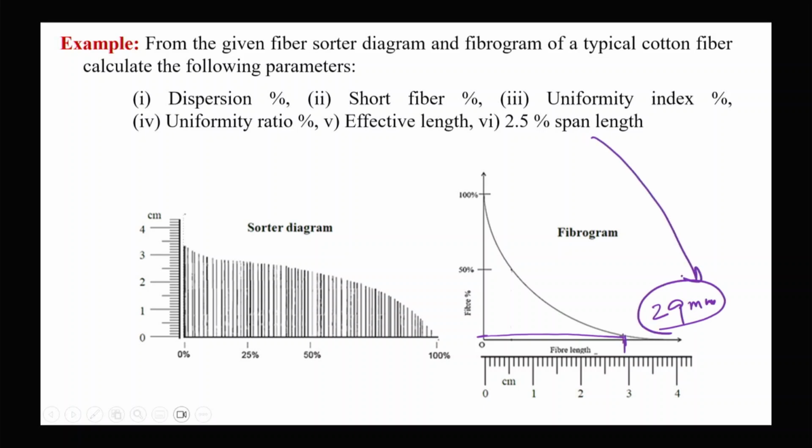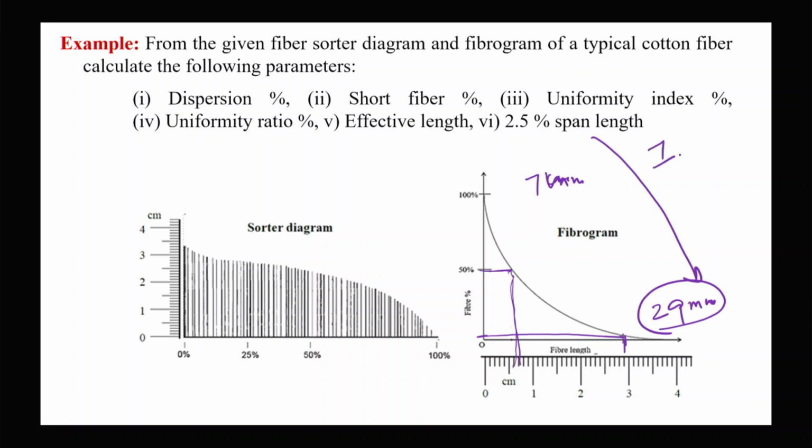Now uniformity ratio you have to calculate. If we want to measure the 50% span length, it is typically say 7 millimeter.